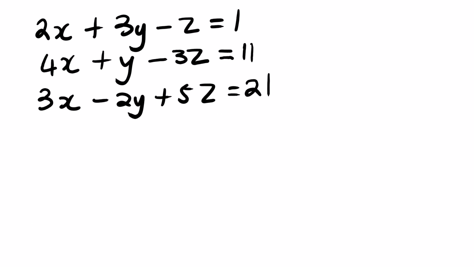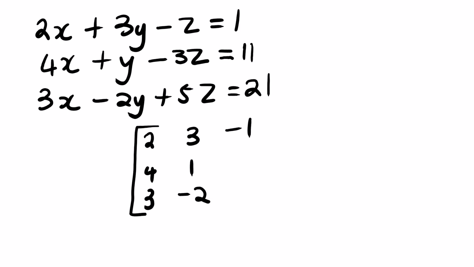Our example number 2. Remember the matrix form. So we have 2, 4, 3. We have 3, 1, and negative 2. We have negative 1, negative 3, and 5.